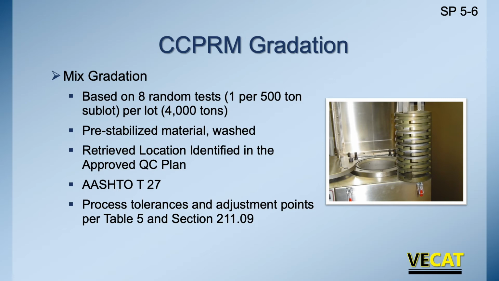We've washed it, we followed AASHTO T27, and then we're checking the process tolerances and adding any adjustment points from Table 5 from Section 21109. So we're checking the gradations through the process and really to make sure, is that material before it goes through, do we have the same material that we did all of our mix designs off of.